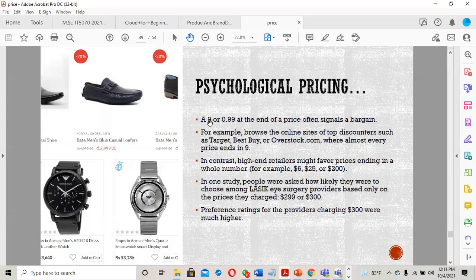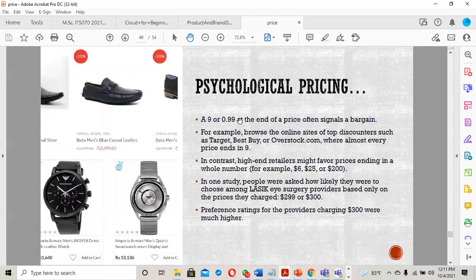People have identified through research that when there is a price tag, the people who look at it are more sensitive to the number on the left-hand side, not the right-hand side.